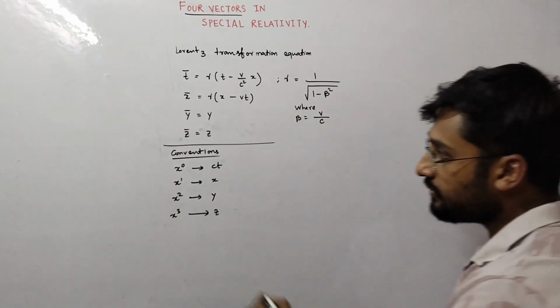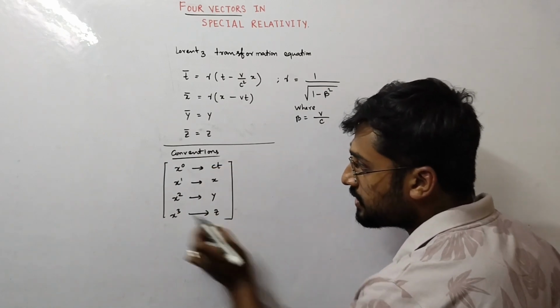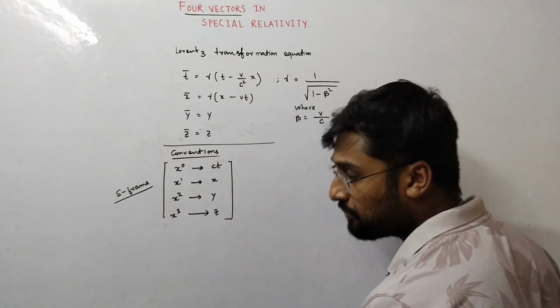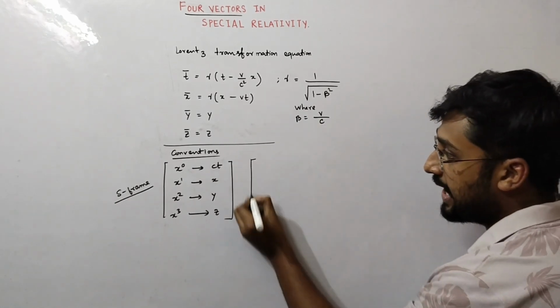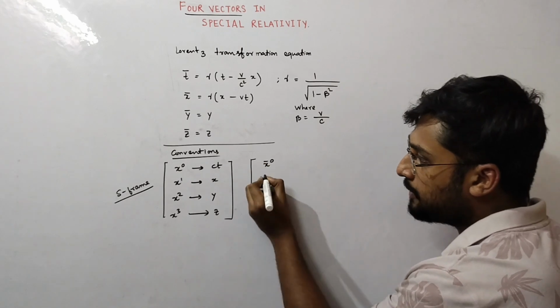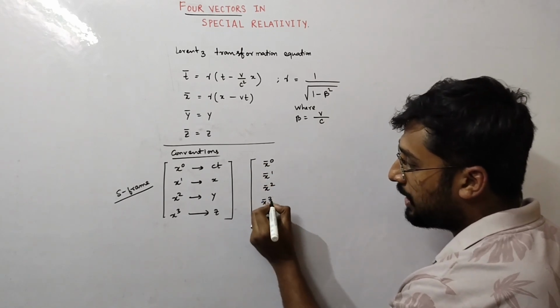Kindly follow this. So you see students, these are the conventions that are usually used in the case of the S frame, while in the case of the S bar frame I will be representing them as x naught bar, x bar 1, x bar 2 and x bar 3.